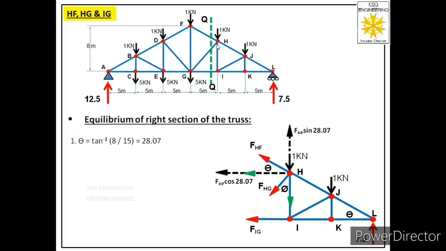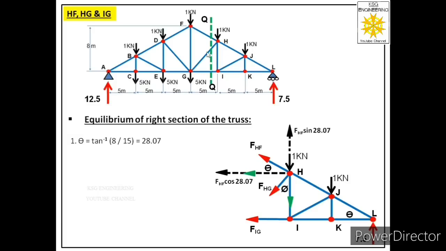We don't know the length of side HI and HG. So if we want to apply tan phi, then we need perpendicular upon base. Perpendicular we know, that is 5 meters, but base we don't know, that is HI. So first of all we have to find HI.